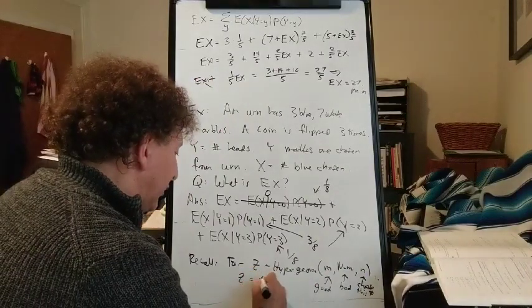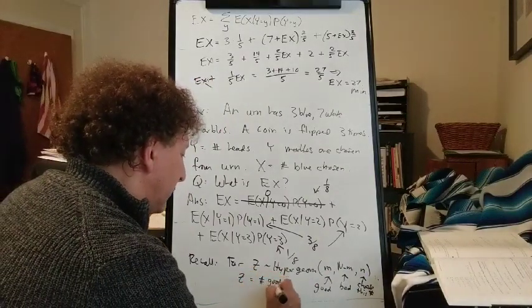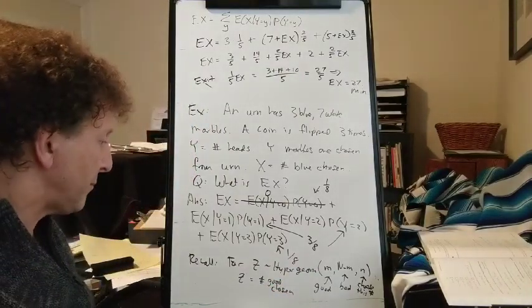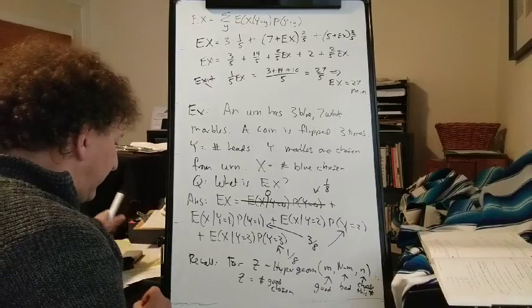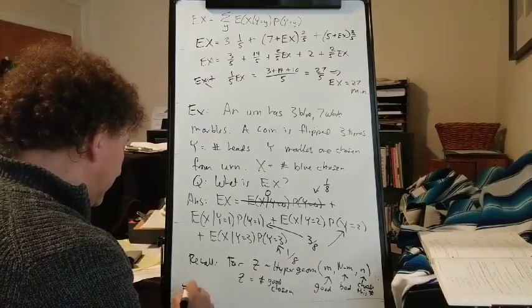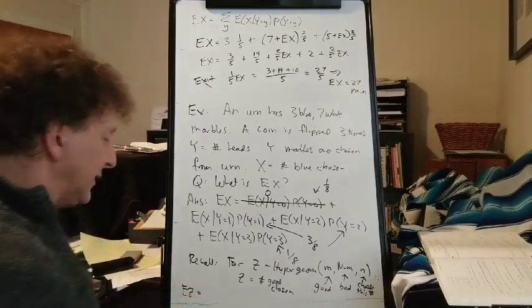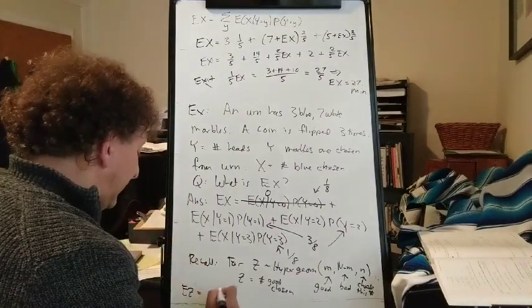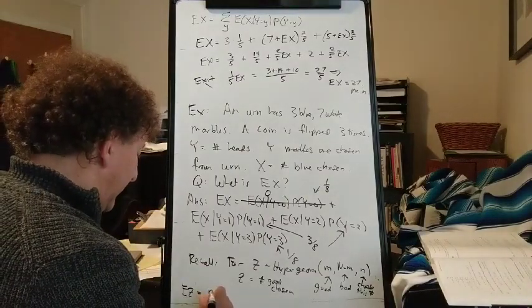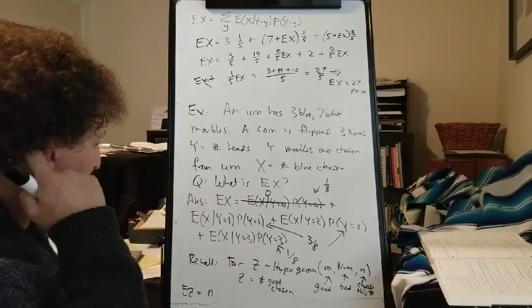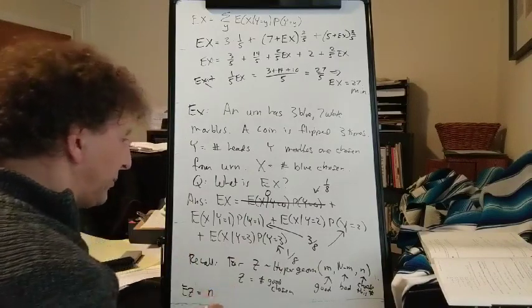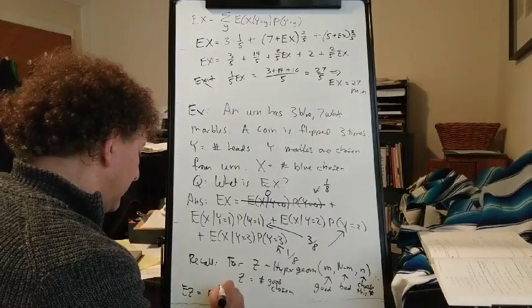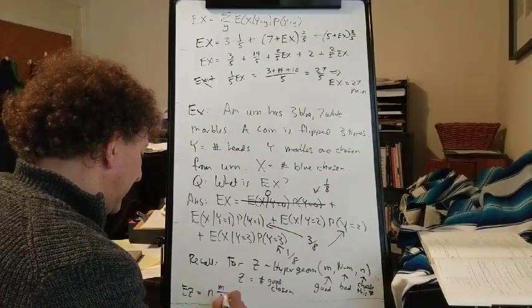Then Z is the number of good chosen. So the expected value of Z is, it's a little bit like the binomial expected value. It's basically n times p. n, the number of times we're choosing, times the fraction of good ones in the urn. Little m over capital N.